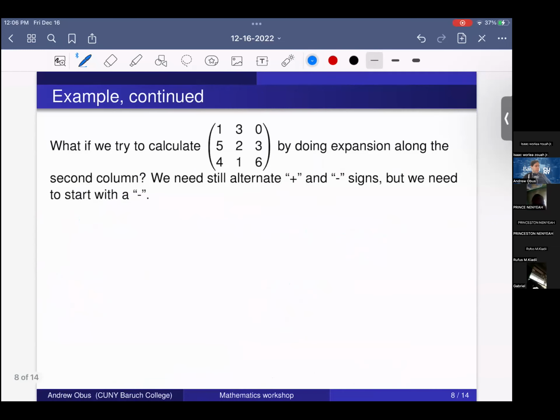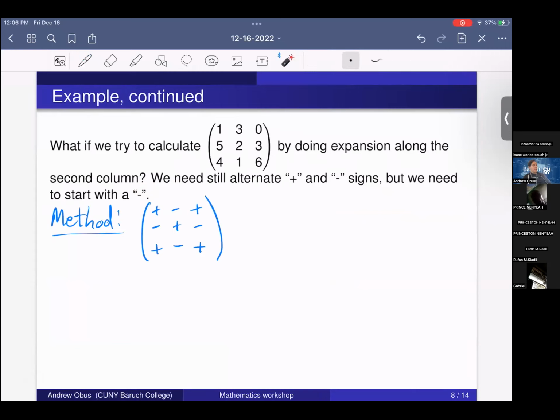But now I want to get back to Prince's question. What happens if we try to use something in the second column? Well, you still can alternate the plus and the minus signs, but you need to start with a minus. The method is that when you look at your matrix, I'm going to write the following checkerboard pattern in my matrix.